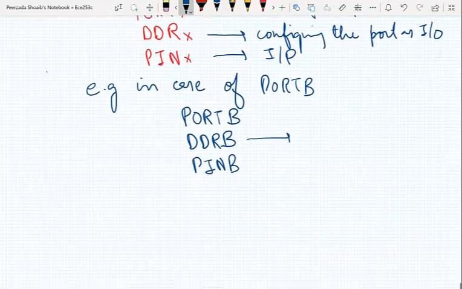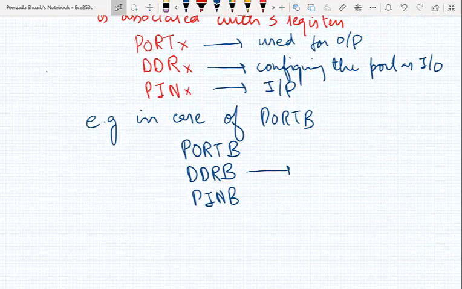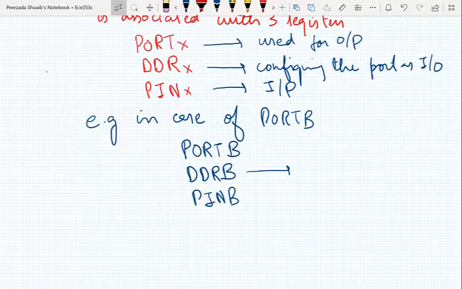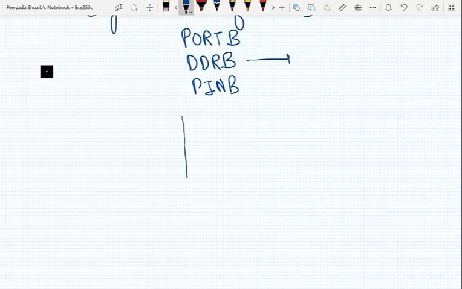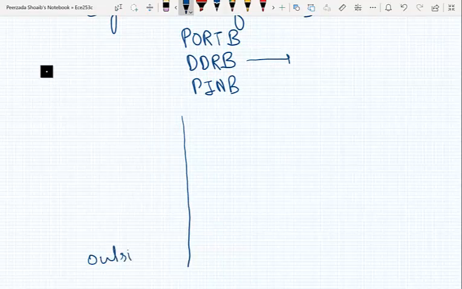The internal assembly of all these ports, in fact we will be discussing the internal assembly of a single pin, and that may apply to the whole port and all the three ports, is something like this. For example, this is my outside world, and this is the internal of inside AVR, inside Atmega 328.